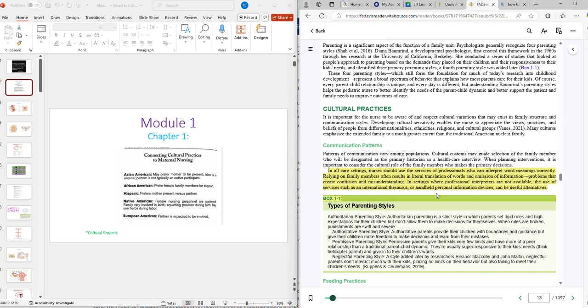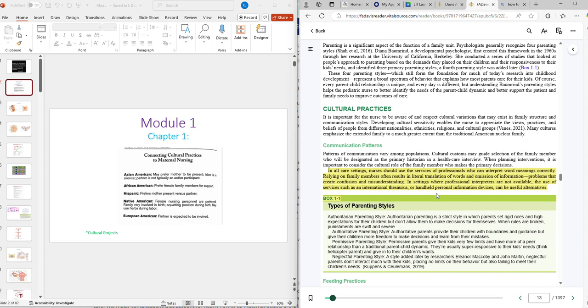And there's 5 bullet points I want you to write down, okay? And this deals with cultural values. Number 1, do we need an interpreter? Number 2, what are we doing for pain management and coping? Number 3, what is their preference for food during labor?